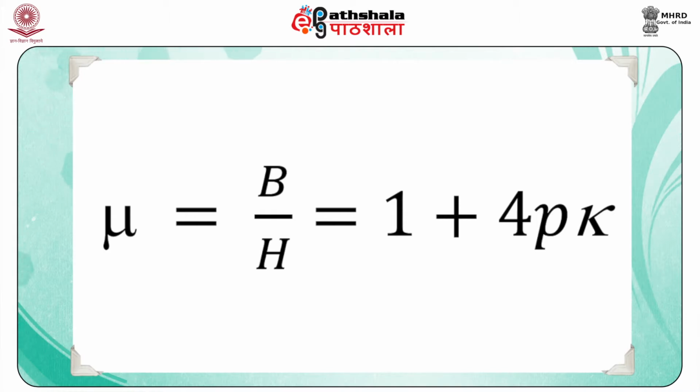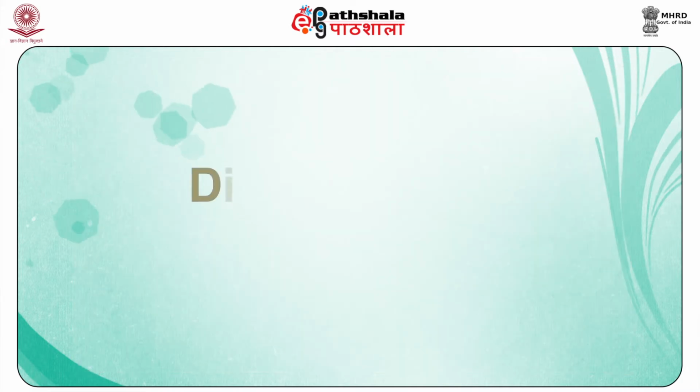When mu is equal to 1, it means kappa is equal to 0 and B is equal to H. Thus, mu r is equal to 1. These materials do not lead to a channeling of the magnetic field and are said to be non-magnetic. For example, sodium, aluminium and magnesium.